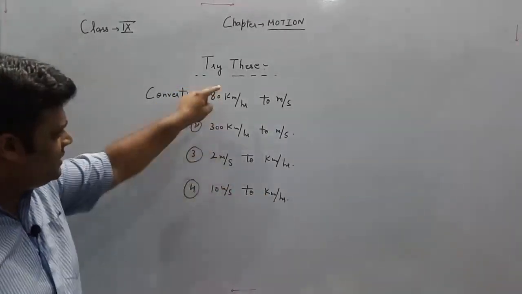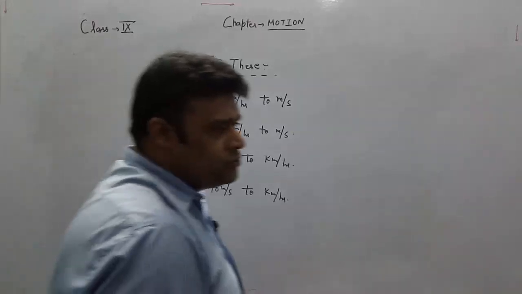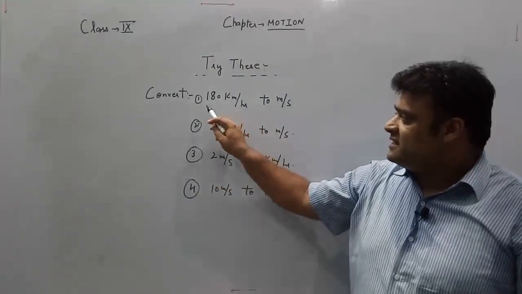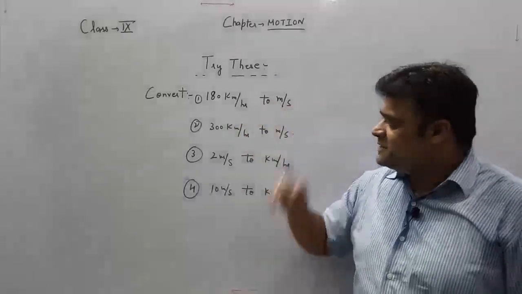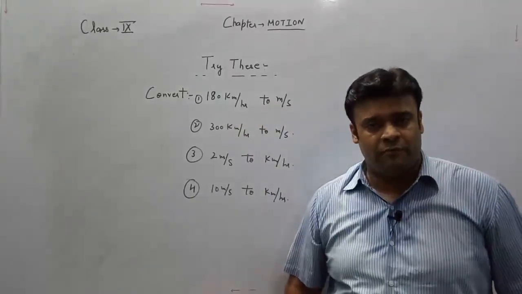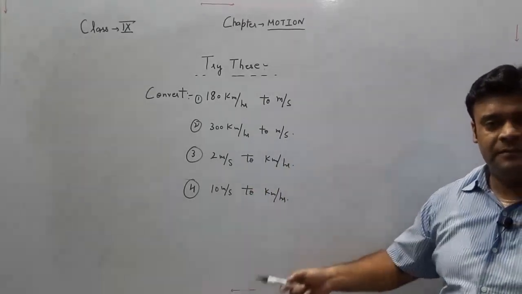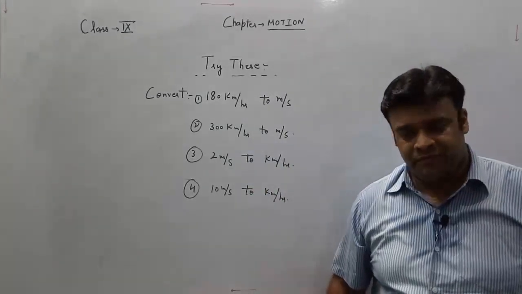In these conversions, directly use the method we discussed: kilometer per hour to meter per second, multiply by 5 upon 18, and meter per second to kilometer per hour, multiply by 18 upon 5.